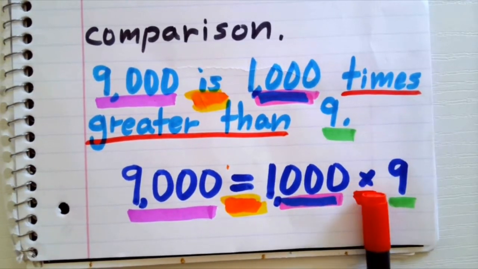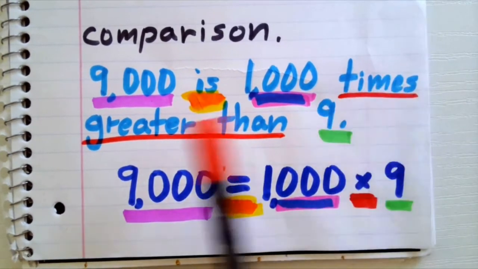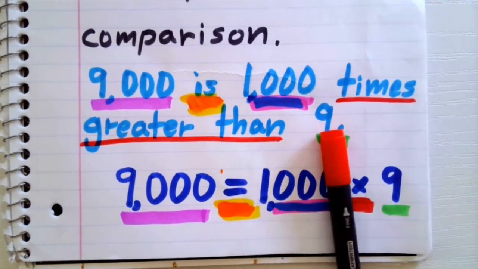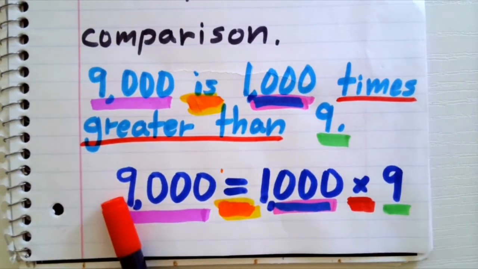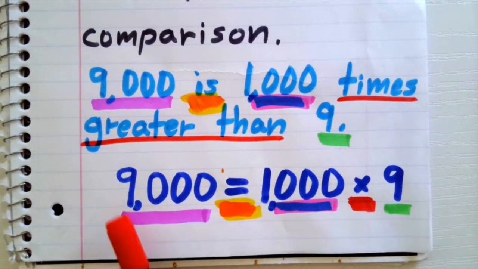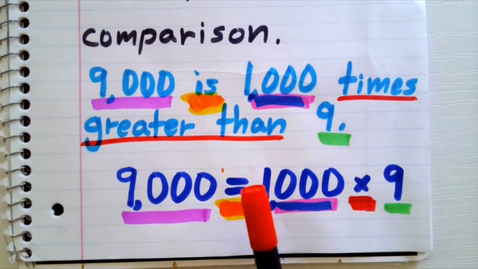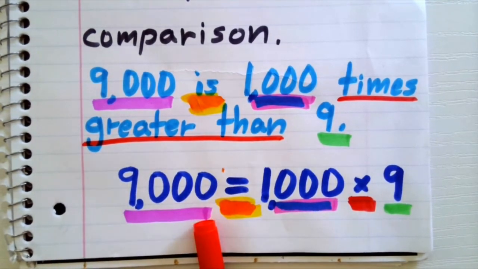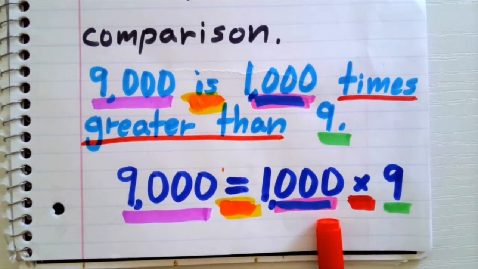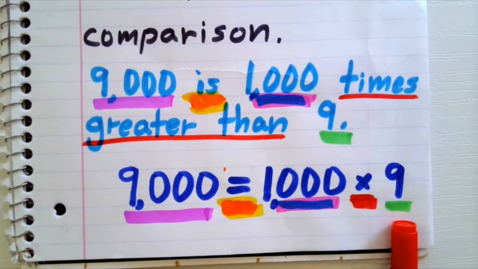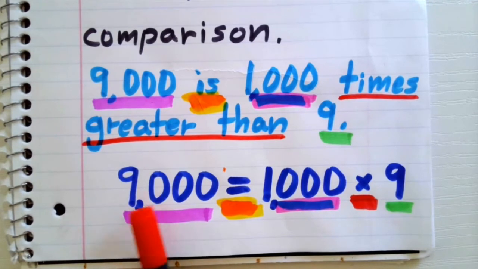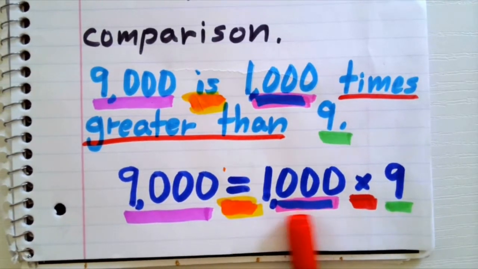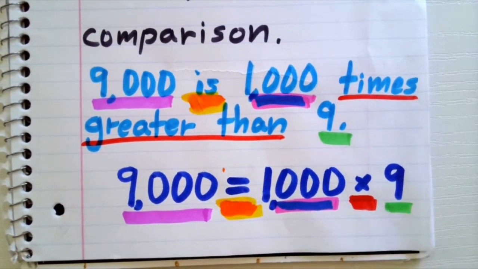So we use a multiplication symbol to represent times greater than 9. So again, if I'm reading this expression, this equation, down here it's an equation because there's an equal sign. I say 9,000 is 1,000 times greater than 9, or 9,000 equals 1,000 times 9.